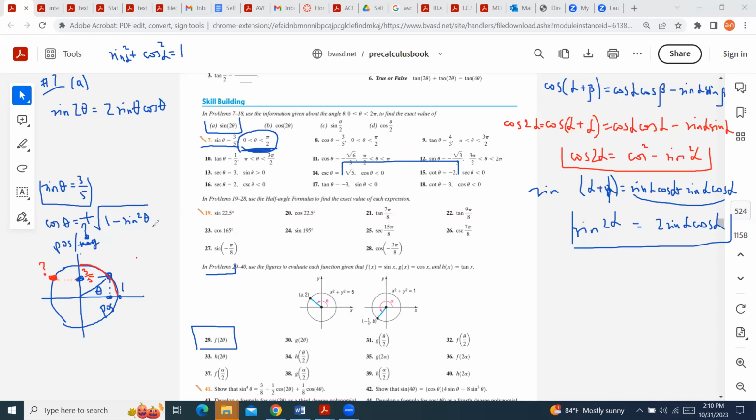So what you do is you get a square root from 1 minus this 3/5. So instead of sine, I know what to use, 3/5 squared, right? And then I need to do a little bit of arithmetic inside the square root. So I subtract 9/25.